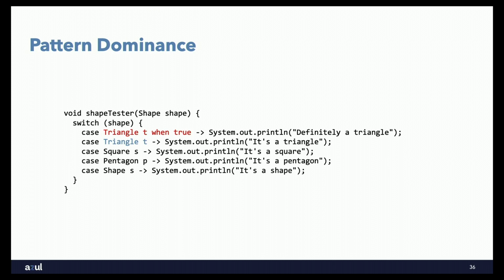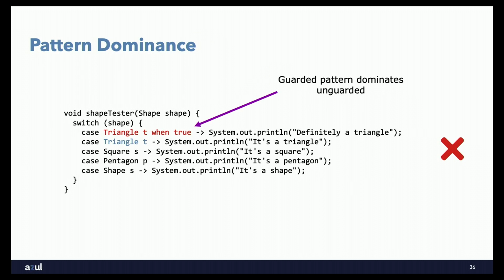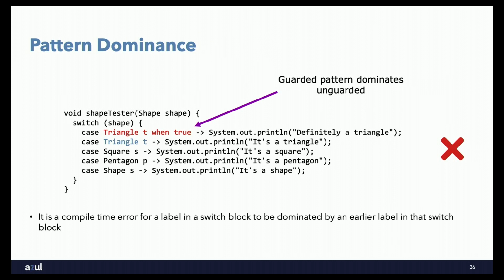That would also fail because we would never get to the point where we have triangle on its own. So we've effectively got two cases that do the same thing, and one is hiding the other, so the compiler will reject that, saying that the guarded pattern is dominating the unguarded pattern. The good thing is that the compiler will point all this out for you, so you don't have to worry about dealing with it yourself. You'll just go, okay, the compiler understands that.